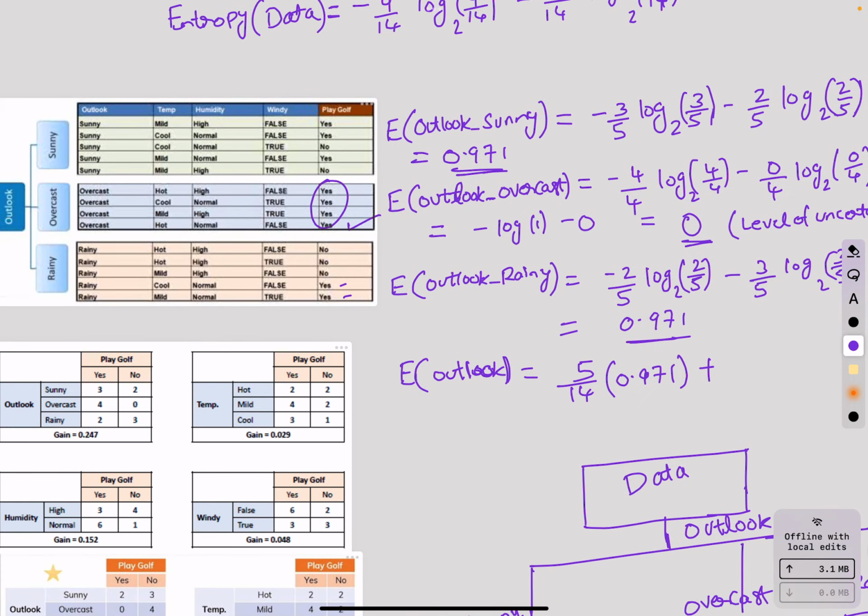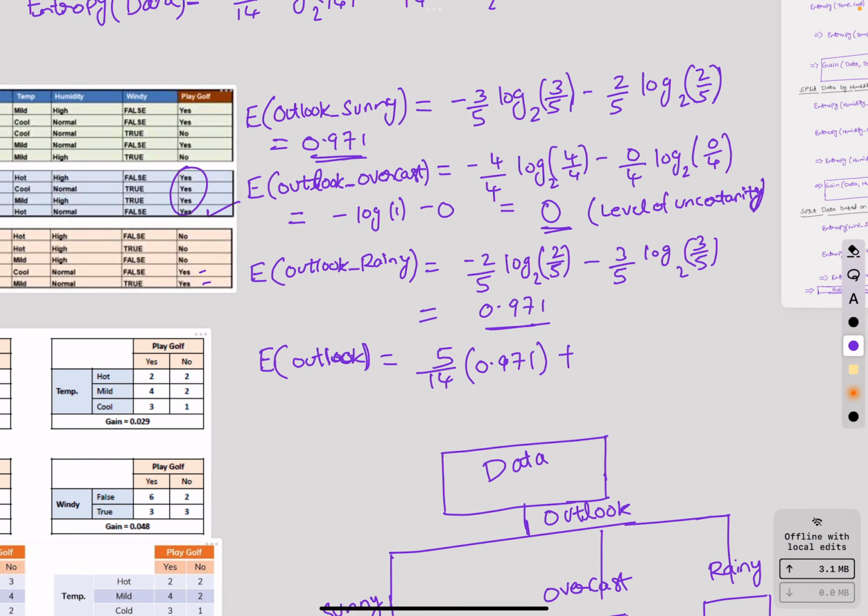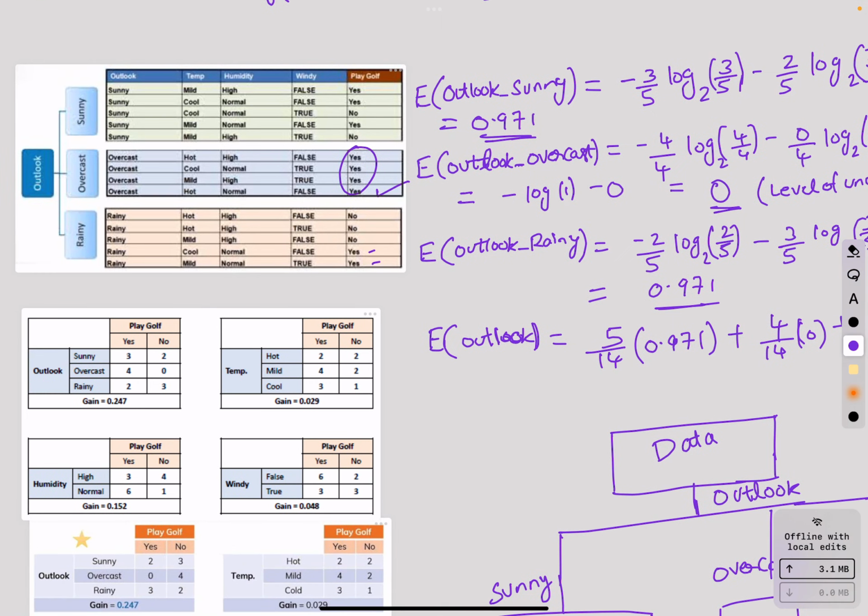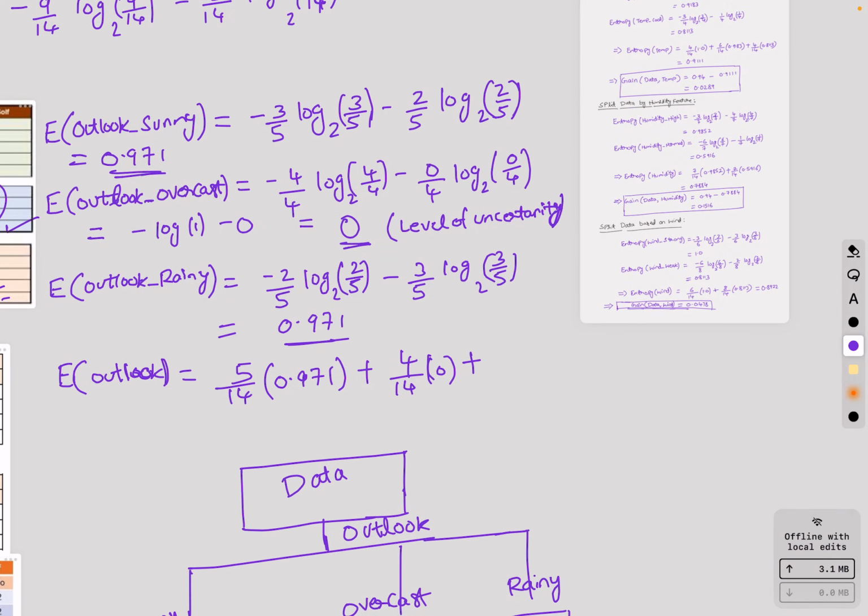Plus 4 records belong to Overcast. So 4 by 14 into 0 is the entropy of that particular subset. And the remaining subset, the Rainy subset, has 5 records out of the 14 records. 5 divided by 14 into 0.971.